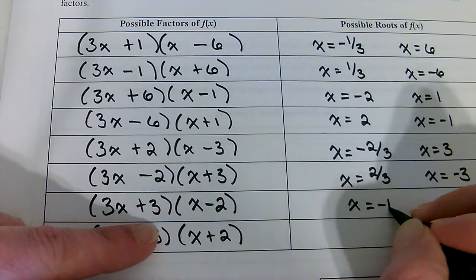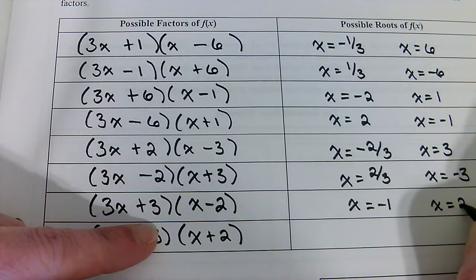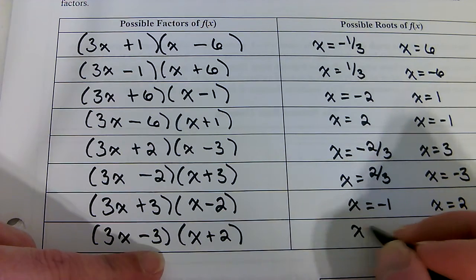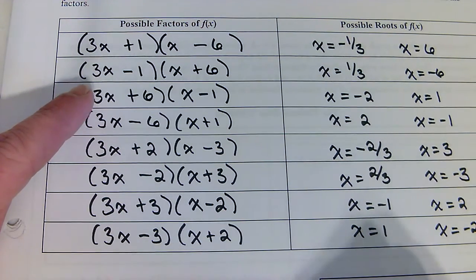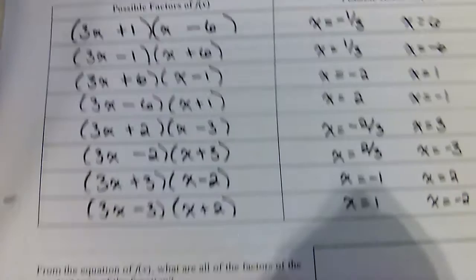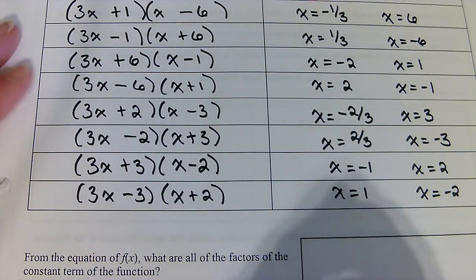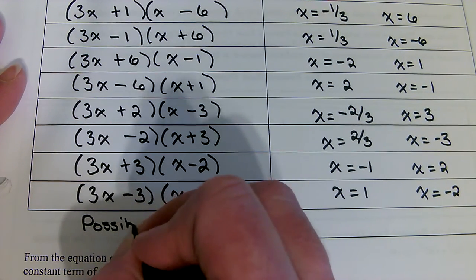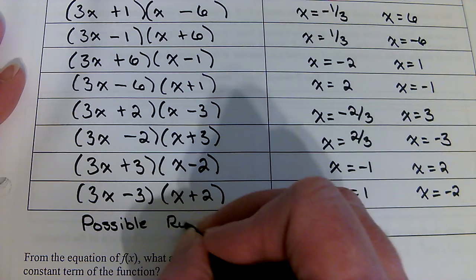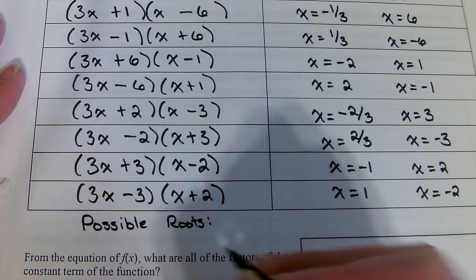That would be a -1 and a +2, or a +1 and a -2. Thinking about all these possible roots, this would be all my possible roots. I want to list them all out.